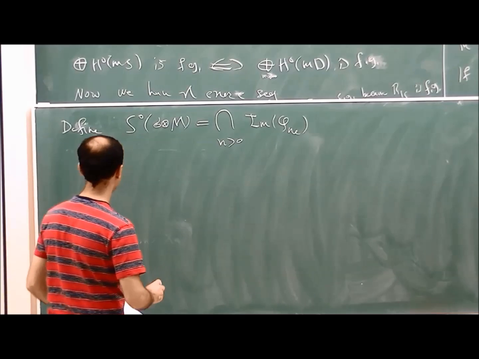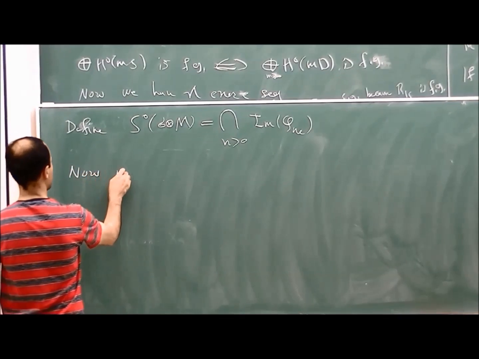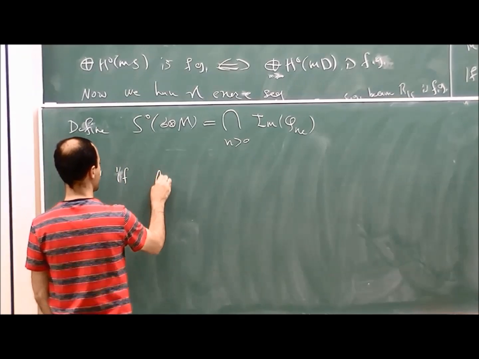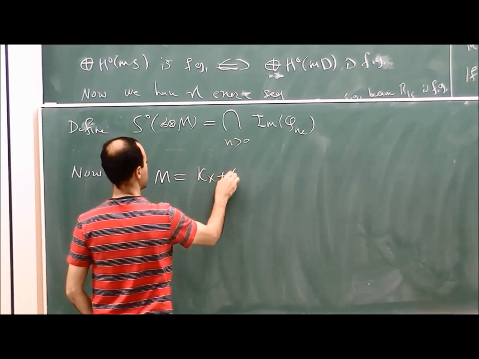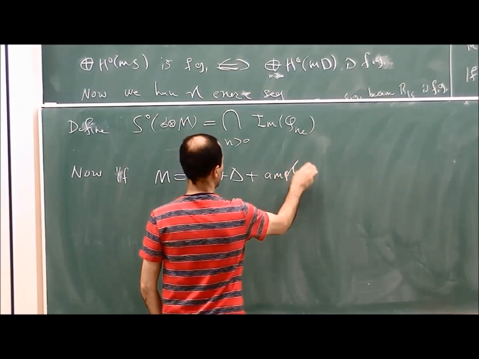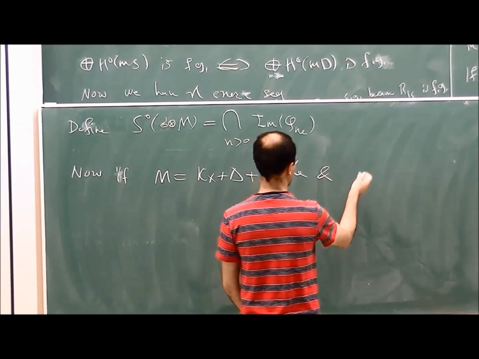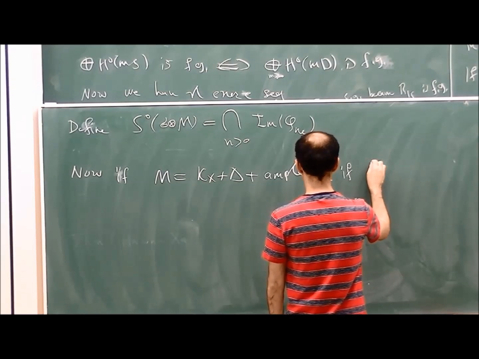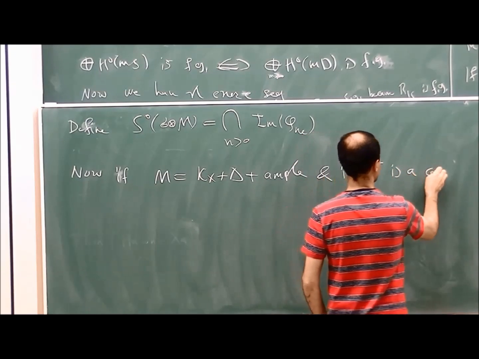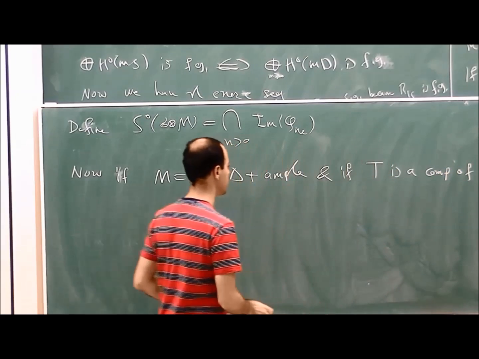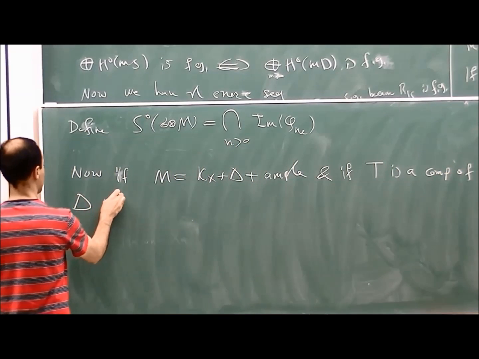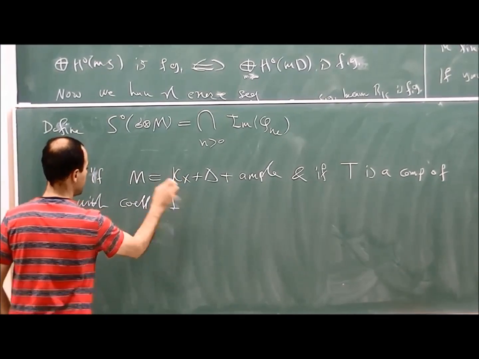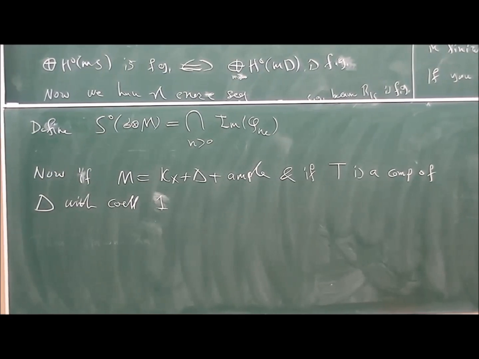Okay, so this is just a definition, and now the important thing about this kind of section is that if M can be written as n plus delta plus something ample, and for instance, let's say T is a component of delta with coefficient 1, so this is like saying this is more or less like a logarithmic sense.